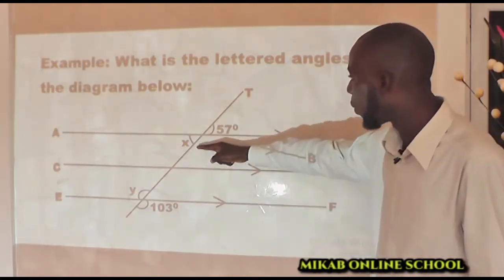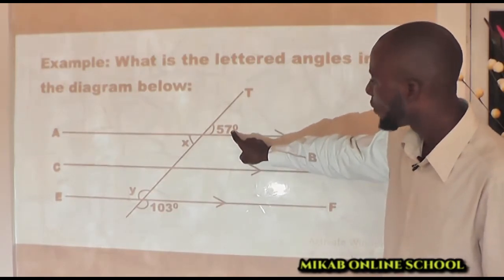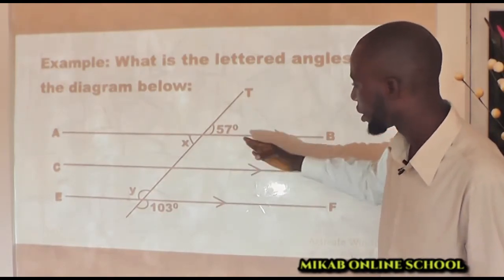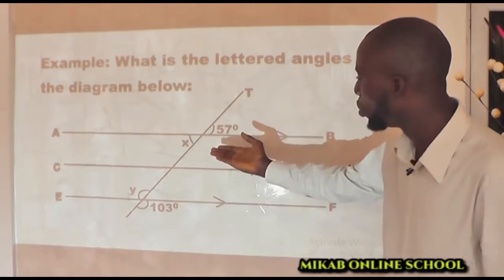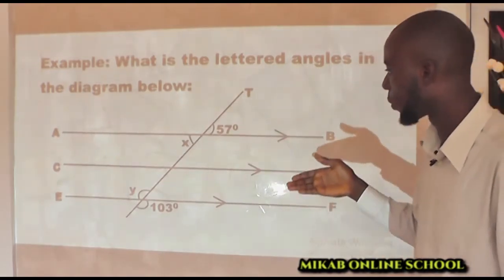Therefore, angle x must equal 57 degrees. The reason is that the two of them are vertically opposite, therefore they must be equal.